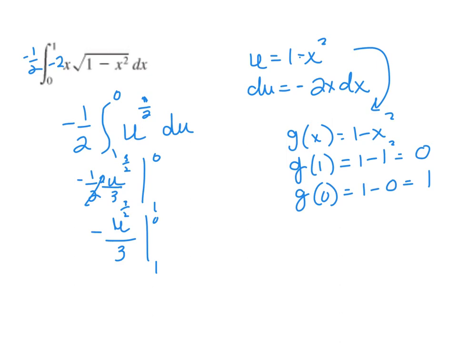So I'm going to put the 0 in first. So I've got this equals 0 to any power, right, over 3, minus, and then I'm going to put the 1 in. So this will be negative 1/3. So a negative times a negative is positive. So this is going to equal 1/3.